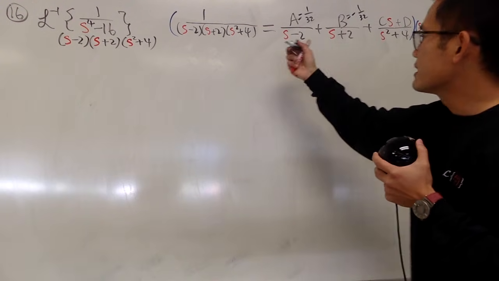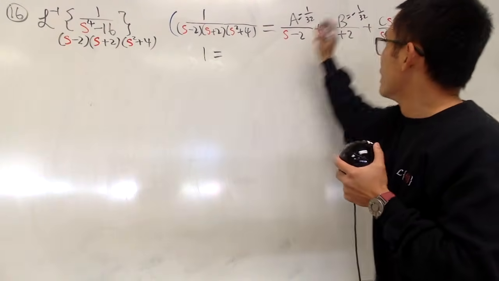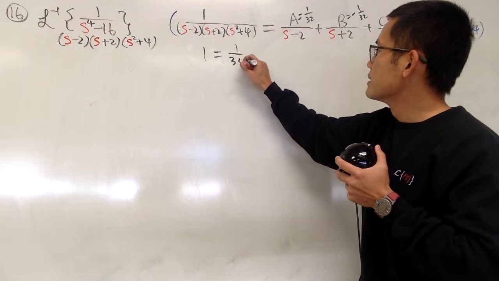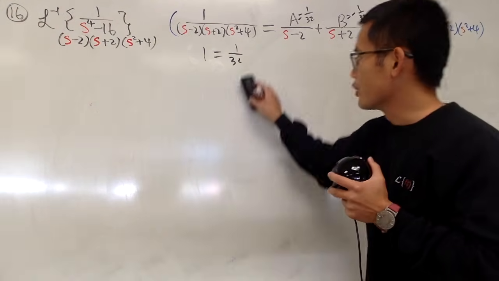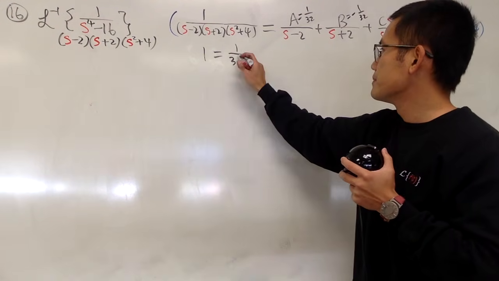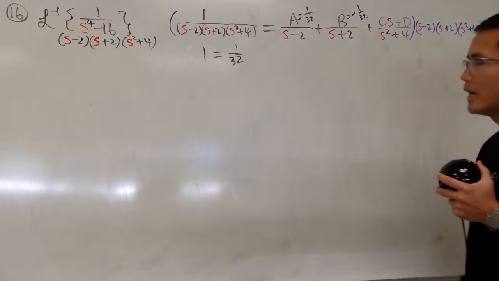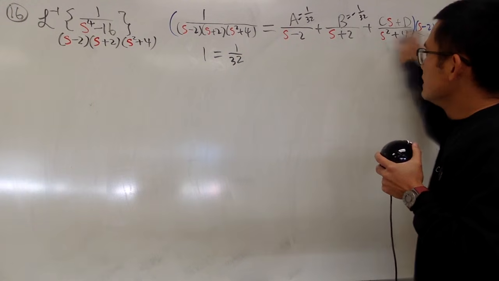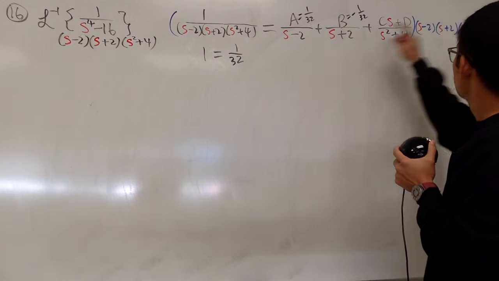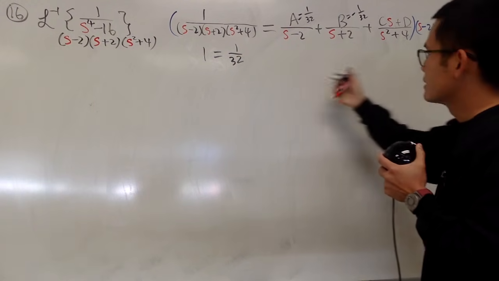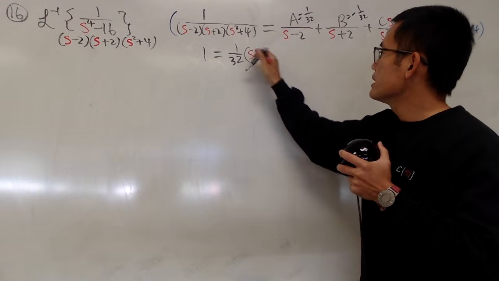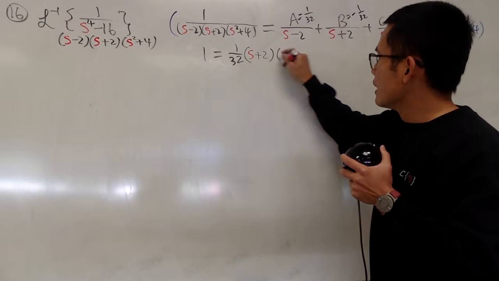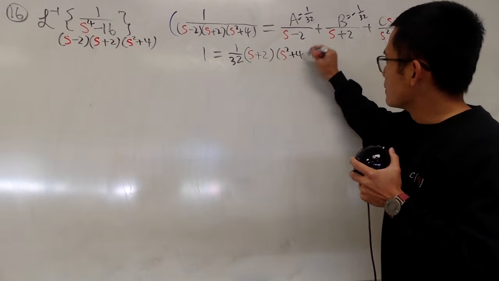All right, the left-hand side, we have 1. And then this right here is 1 over 32. This is going to be slightly bizarre because we have a lot of fractions. This times that, we have s plus 2, s squared plus 4.